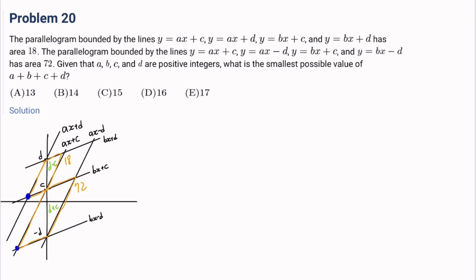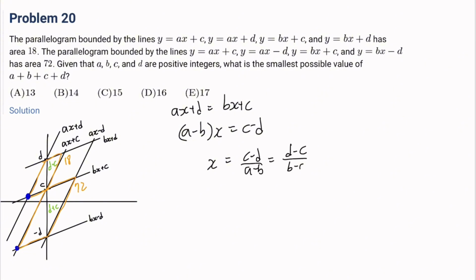Yeah, so that is just going to give us ax plus d equals bx plus c. So a minus b times x equals c minus d, right? So x is equal to c minus d over a minus b, which will just change to d minus c over b minus a, right?